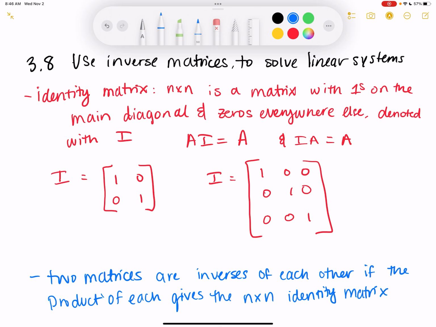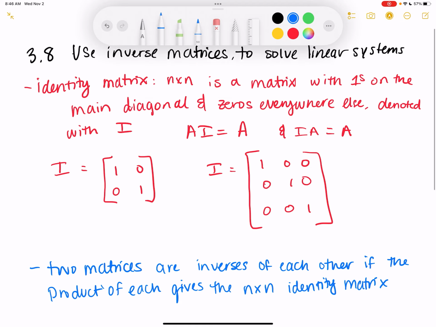So just like in normal math, we would say that 3 and 1 over 3 are inverses of each other, because when multiplied together, it gives you 1, or the identity. And so very similar to that, we have that for matrices.